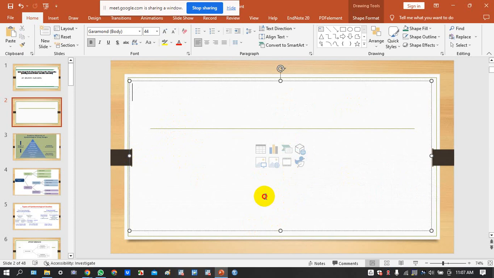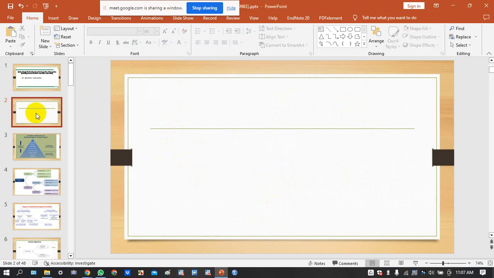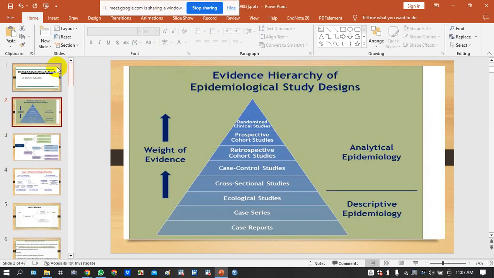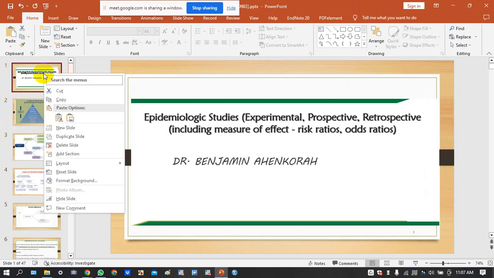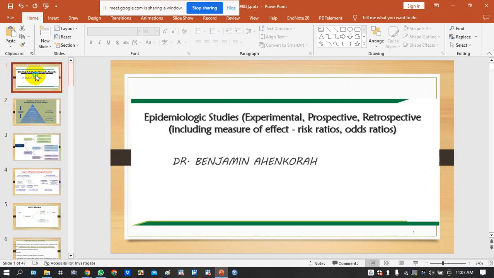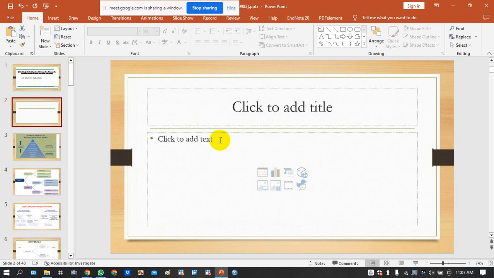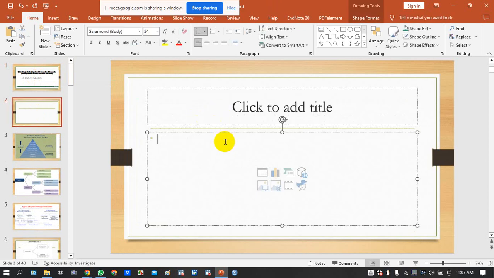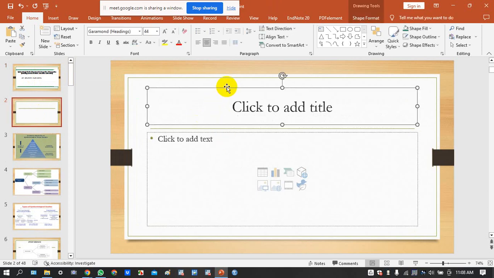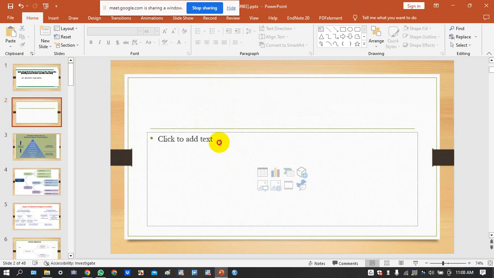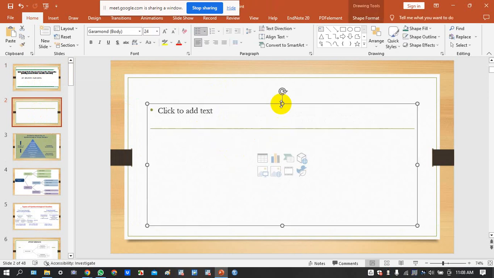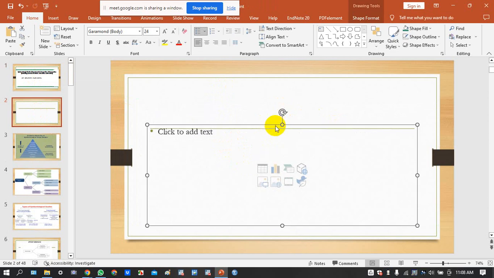So with such women, the study becomes what? A longitudinal study. Longitudinal is the same as cohort. Longitudinal study is the same as a cohort study. So anytime you see longitudinal, it is the same as a cohort study.